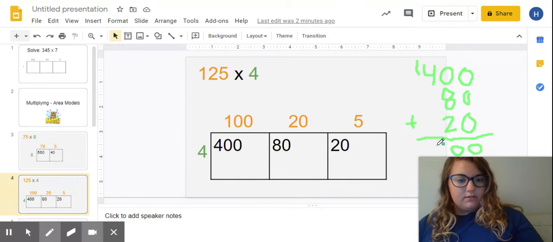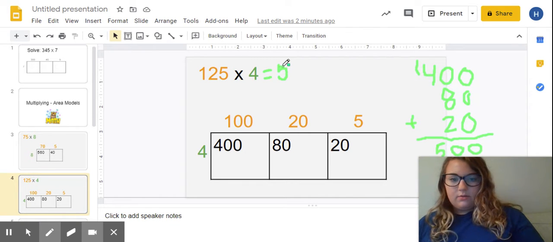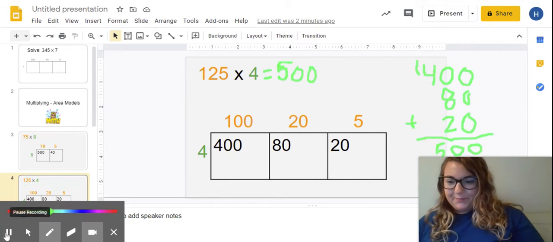Adding my hundreds gives me my final product of 125 times 4 equals 500. So let's practice that one more time, multiplying a 3-digit number by a 1-digit number.